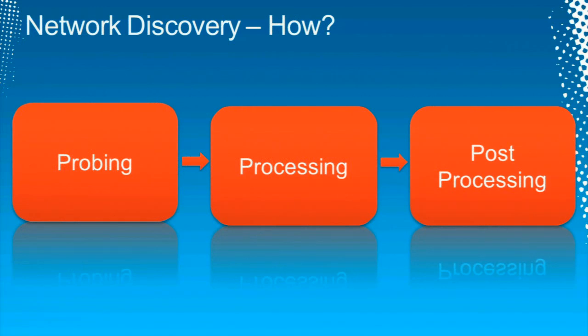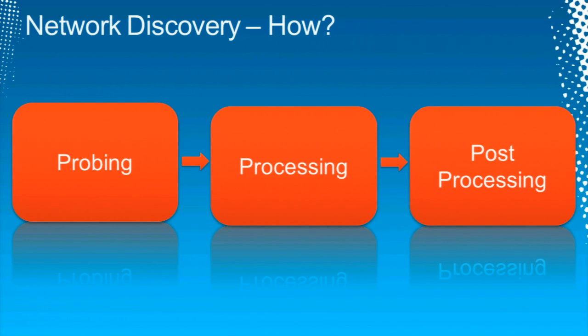Now the discovery itself, like we said, is actually a three-step process. So the first piece we'll do is we'll run the discovery, go out there, probe all these devices, see if they're there. We'll see the neighboring switches, we'll see other network devices that are connected to that. And once we know that they're there, we actually go into the second step, where we here call processing, where we'll drill into the device.